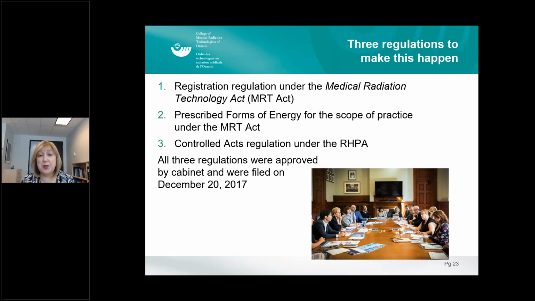All 3 regulations were approved by Cabinet and were filed on December 20th, 2017, and they came into effect on January 1. So we didn't have a lot of time to be able to do all this.